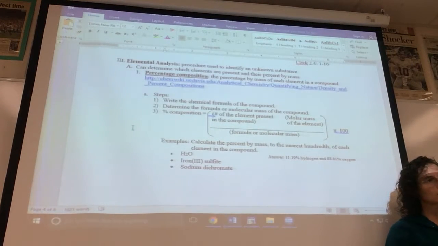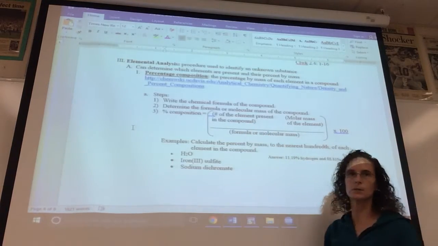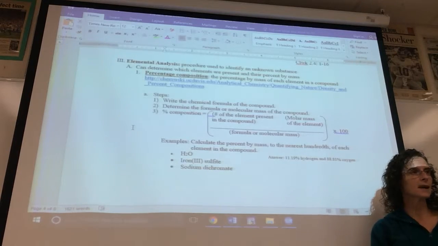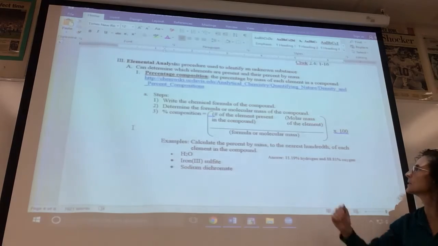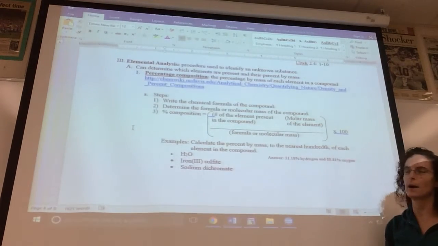And then to get the percent composition, you look at how many of that element is present in the compound. You multiply it by the molar mass of the element. You divide it by the formula or molecular mass. And then once you've divided, you multiply by 100.